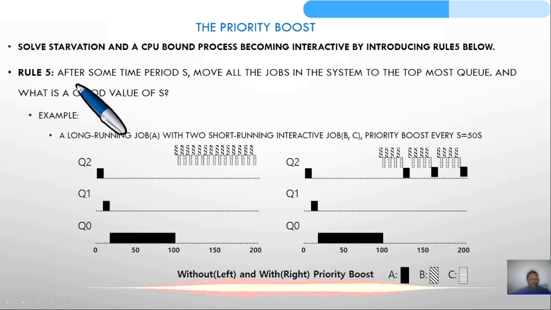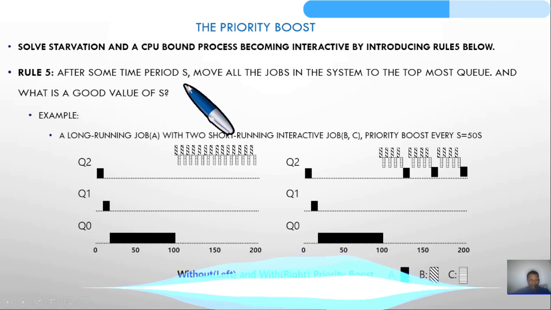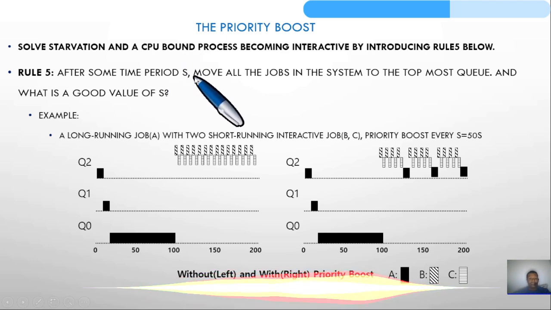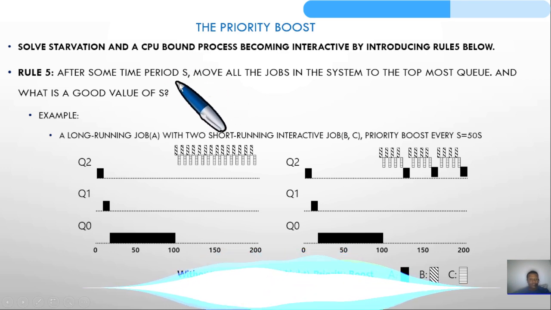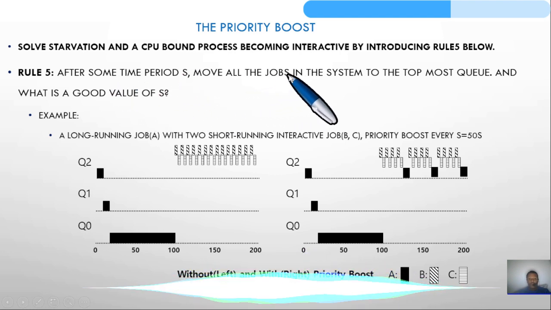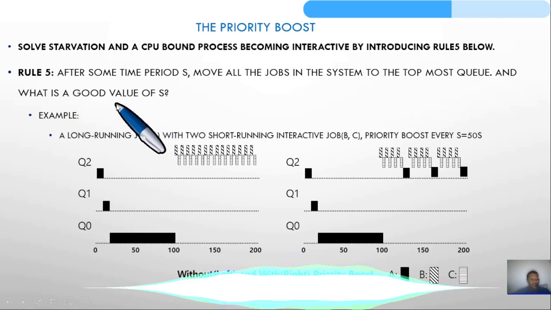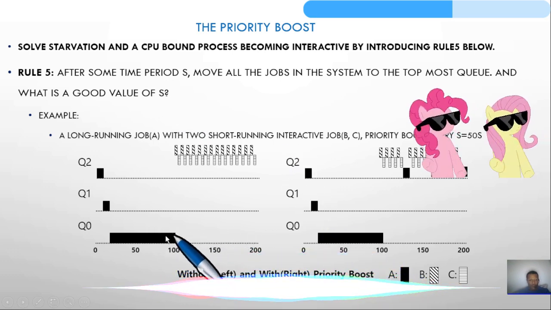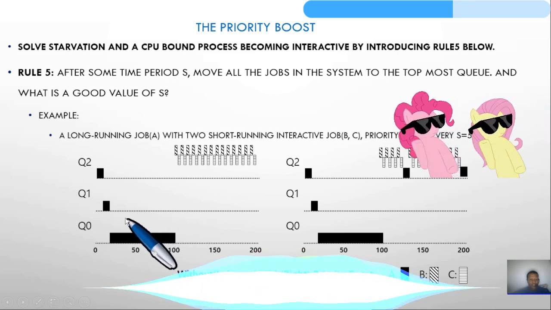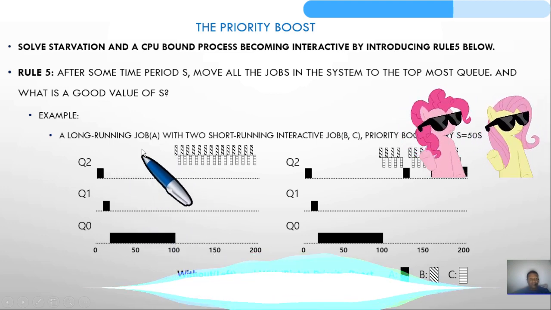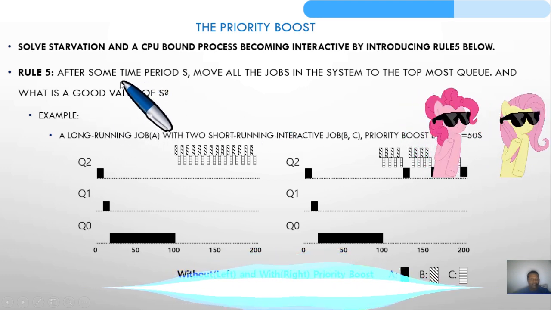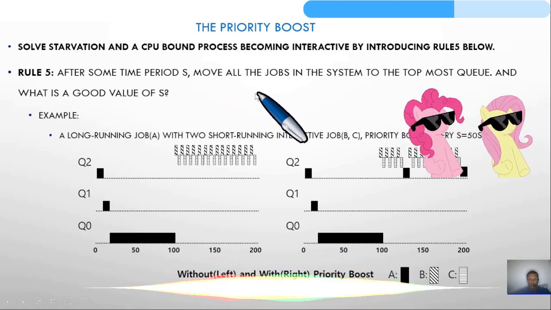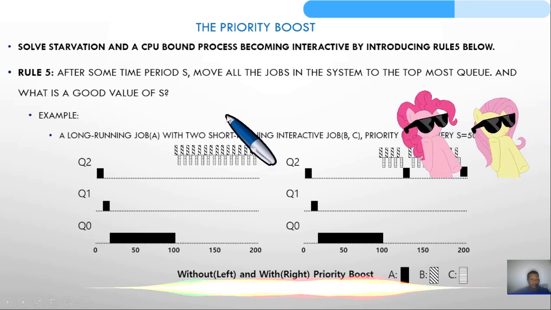Rule 5: after some time period S, they call it voodoo magic because no one knows this time, move all the jobs in the system to the topmost queue. What is a good value of S will be very difficult, but any process which is in the lower queue will get a chance to come to the upper queue after some period S, but nobody knows what time it will be.